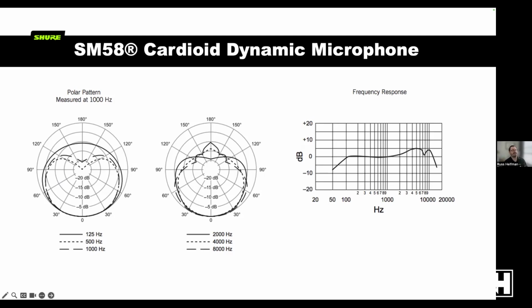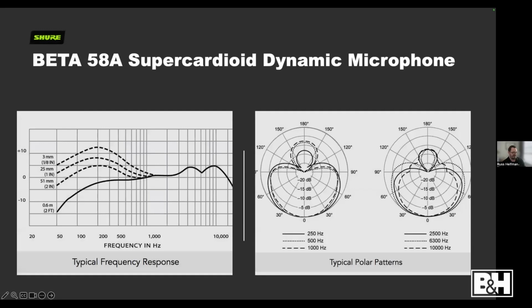So this is the SM58 as an example. Here's the Beta 58. Now, the reason that I wanted to show you the Beta 58 here is on that chart. Again, if you're not familiar, this is Beta 58 right here. So the chart on the left is actually showing you proximity effect, what we were explaining before. So when you have your microphone right up on your mouth, you have a lot more of those bass frequencies.